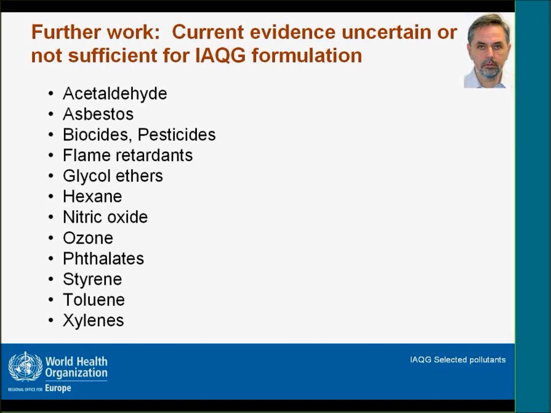There is a long list of chemicals which were considered as potentially hazardous in indoor air, but back in 2006 the conclusion was that the current scientific evidence is still insufficient to give a solid basis for indoor air quality guidelines, and therefore the work on those pollutants has been postponed for later, and we'll need to look at when this later will be. And I think this is the end of my presentation on the present indoor air quality guidelines on selected pollutants. Thank you.